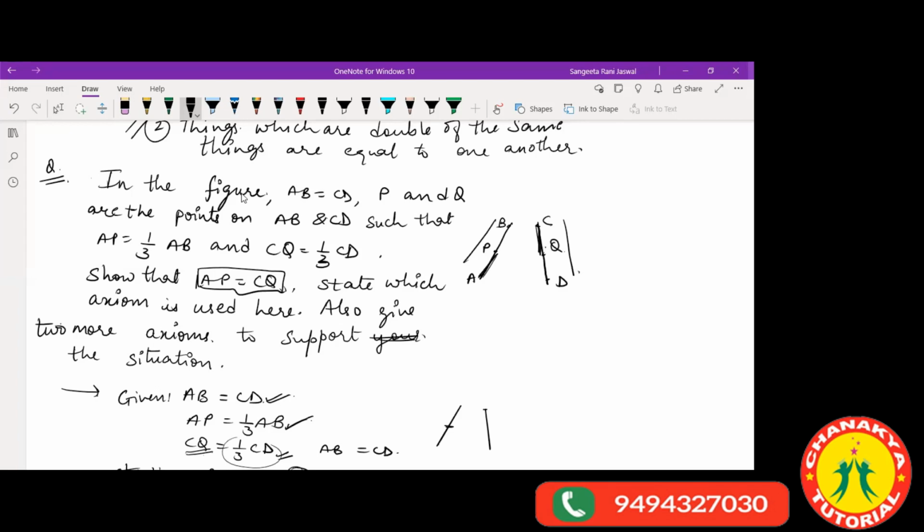Just look into the list of axioms. Are you looking into the list?